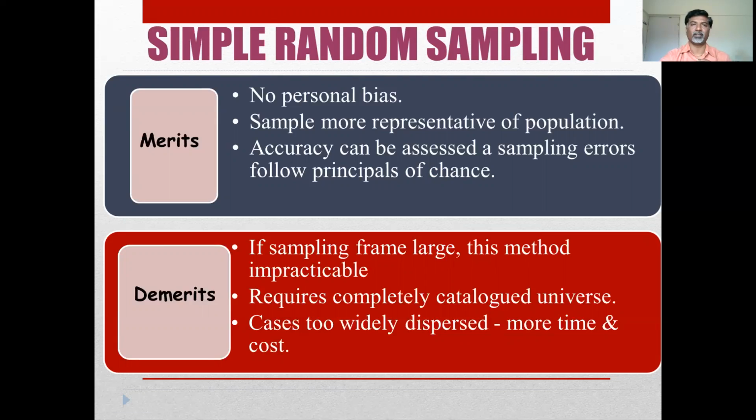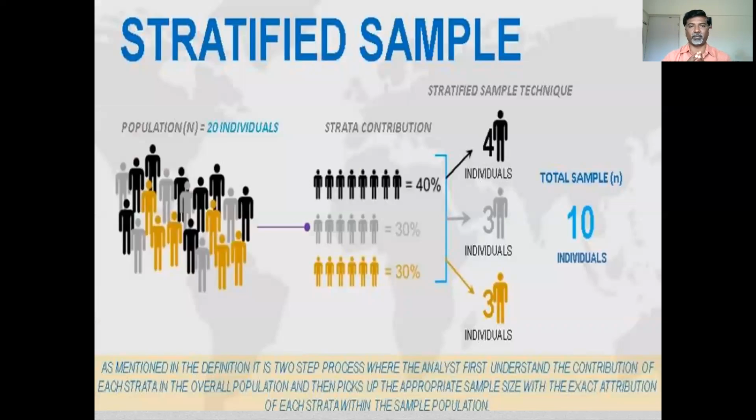So these are some advantages and disadvantages of the simple random sampling method. The second one is the stratified sampling method. The name itself indicates that we are creating different groups, called strata. In stratified sampling, the study population we have selected may be of heterogeneous type.